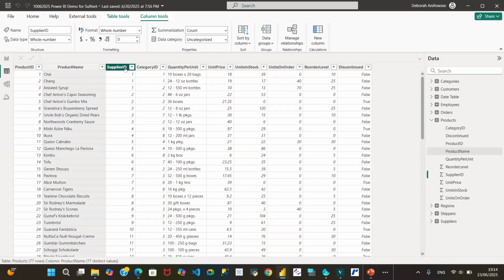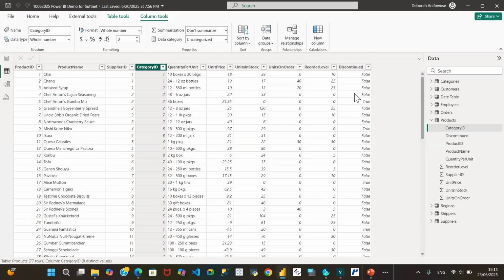The suppliers that supply us with these products, the categories of the product, the quantities that we have in each box or bag, however this is presented, the unit price they are sold for, how much we have in stock currently, units on order, whatever that means, reorder level, and whether it's discontinued or not.